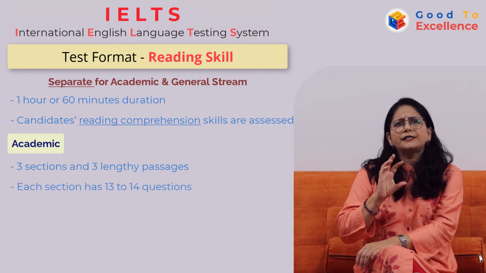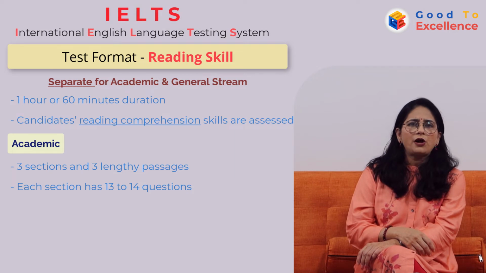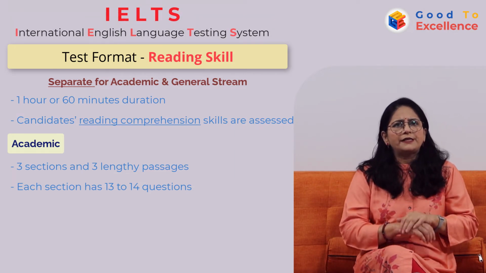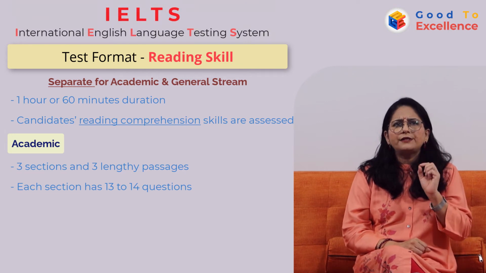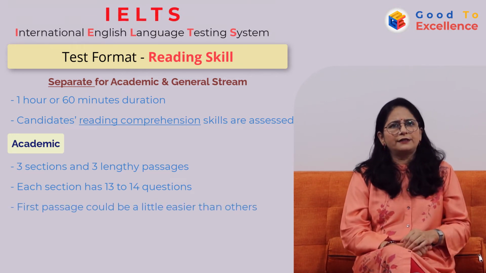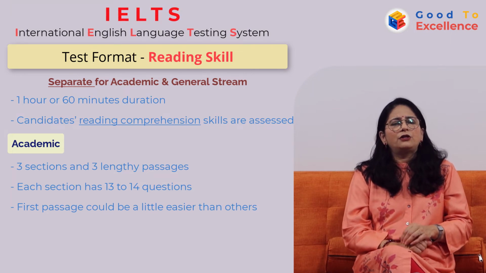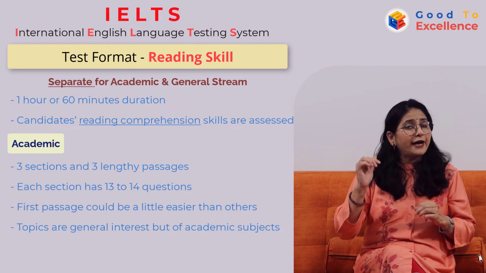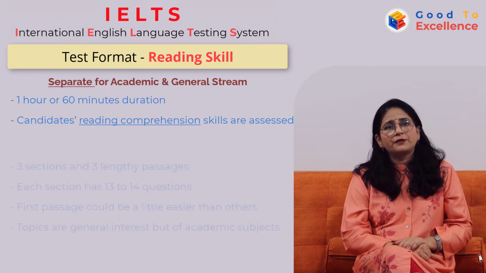Each section has 13 to 14 questions to answer. There is no difference between passages. Only difference is the first section could be a little easier than others. Topics you get are of general interest but of academic subject.